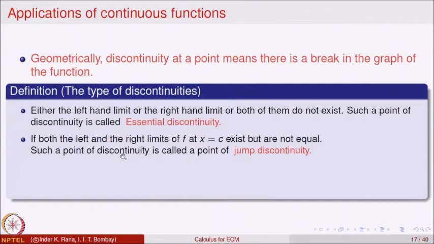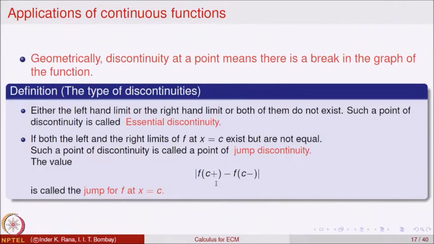This is called a point of jump discontinuity for the function. This is the point where the left limit exists, the right also exists, but they are not equal. The difference between the two is called the jump of the function at that point.